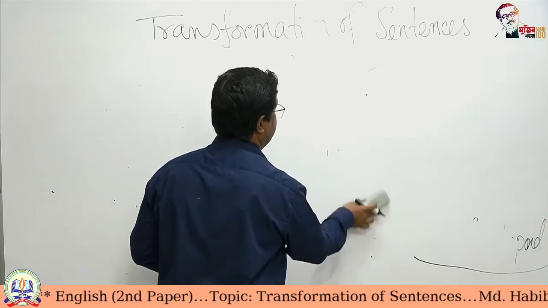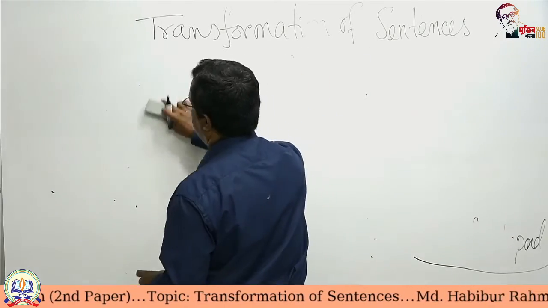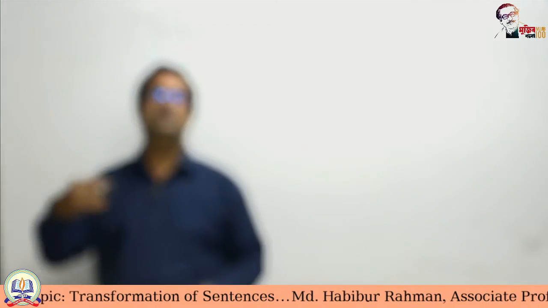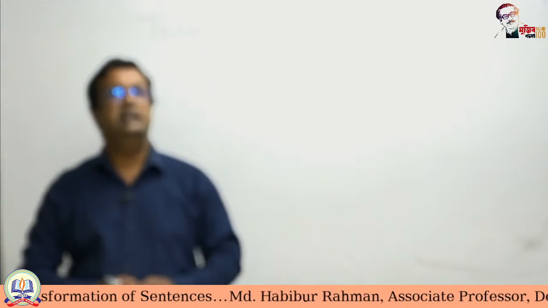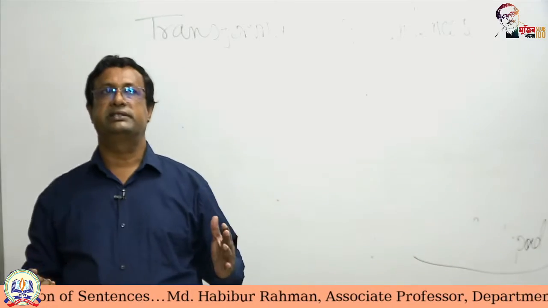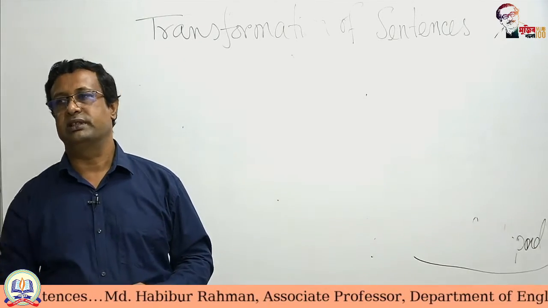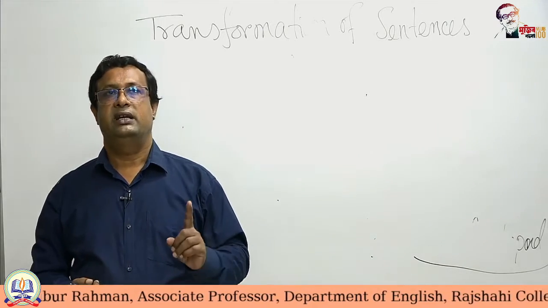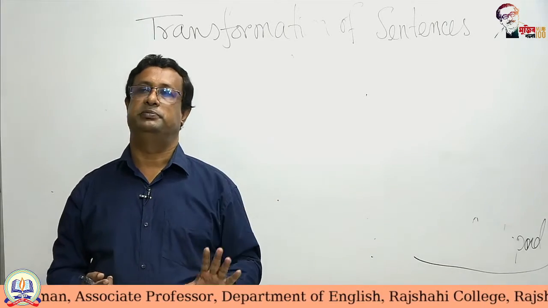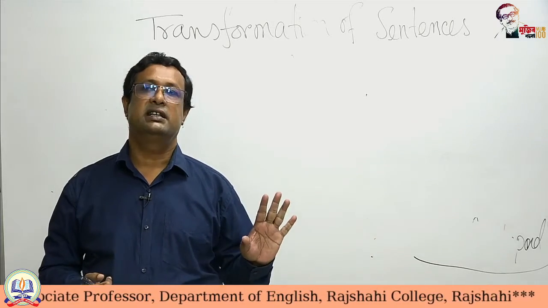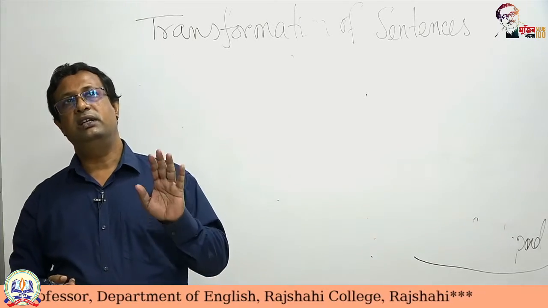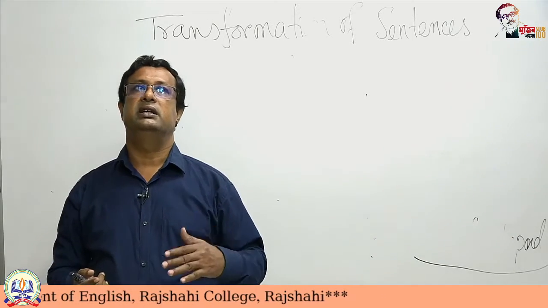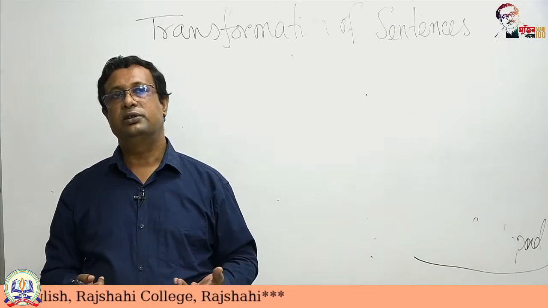What are the basic things here? Actually, the thing is very simple. When you change any compound or complex sentence into a simple sentence, you will only keep a single finite verb and a single subject. That is, only a subject and a finite verb will remain in a simple sentence.